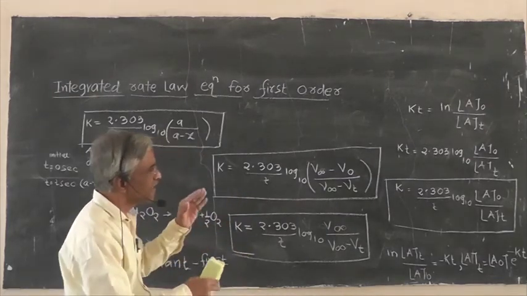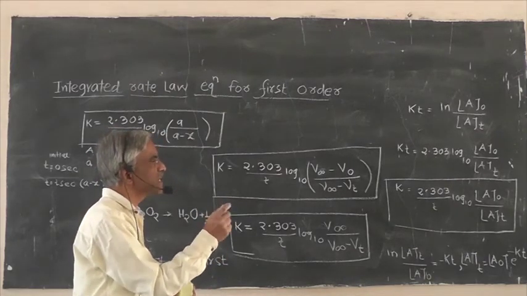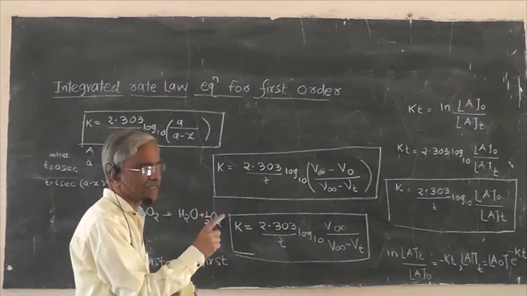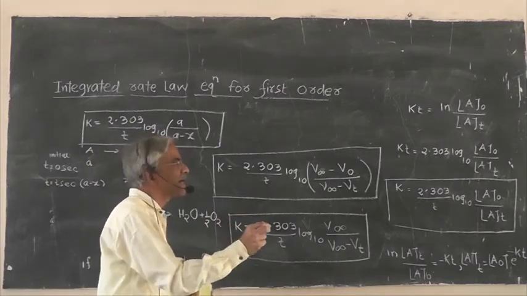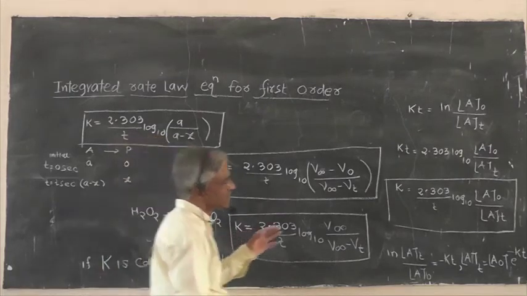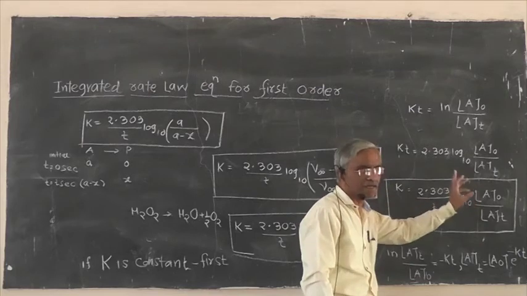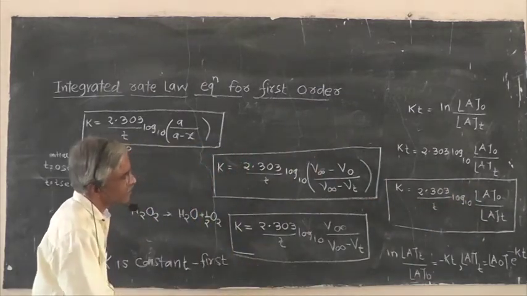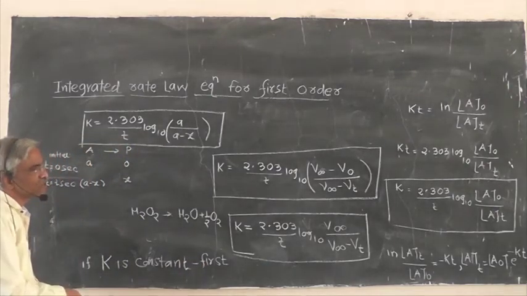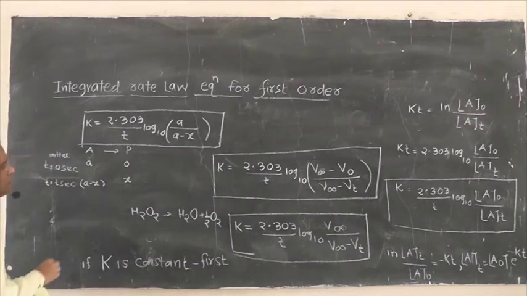These are the advantages of the integrated rate law equation. We can also calculate the fraction of the reactant left behind by first calculating this value, then taking the antilog and then taking the inverse of this value also. So we can make the calculations. We will go for a few numerical calculations of first order reactions.